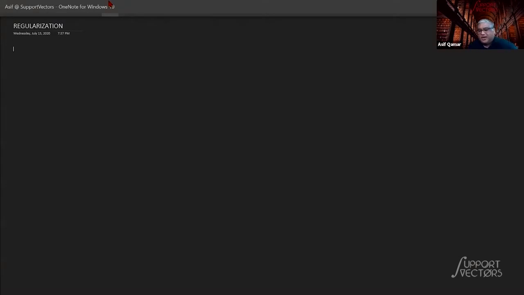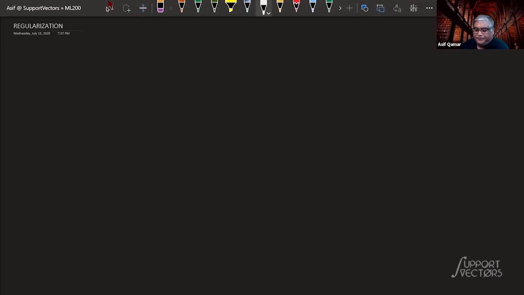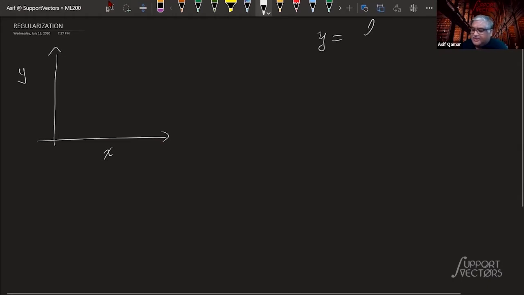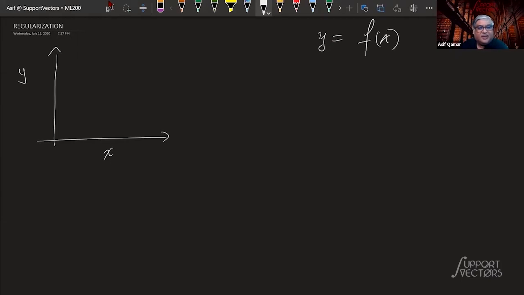What is regularization? I'll take the example of polynomial regression to motivate the concept. Suppose I give you data, and let's take a simple situation of X and Y, where we are in search of Y as some function of X. Let us say that there is a ground truth you don't know.